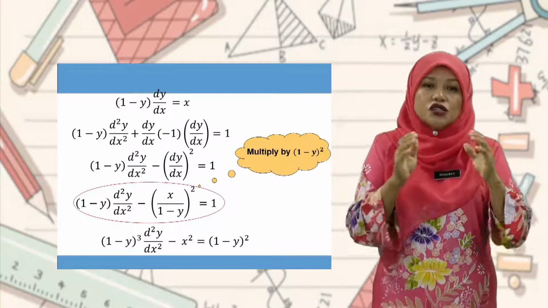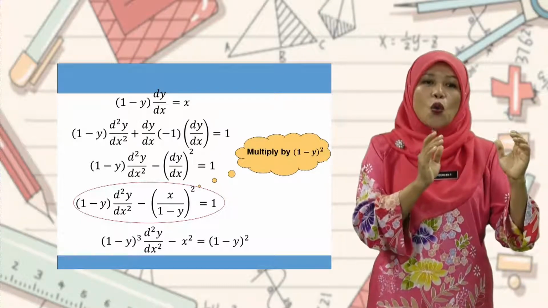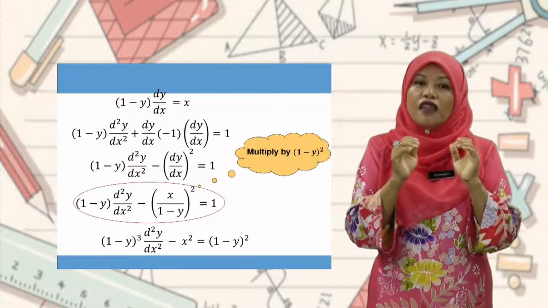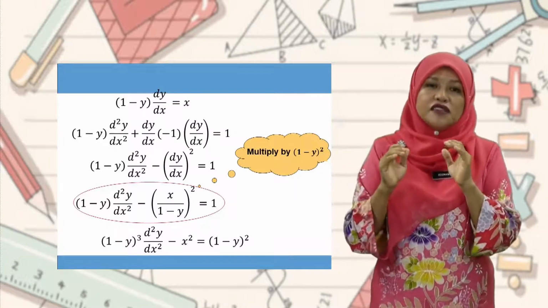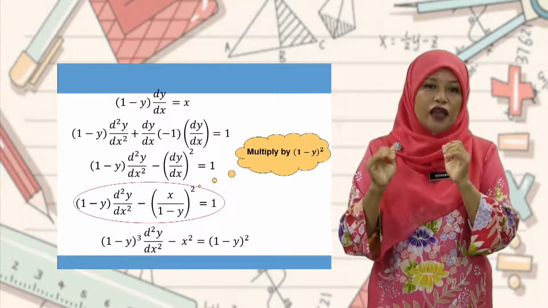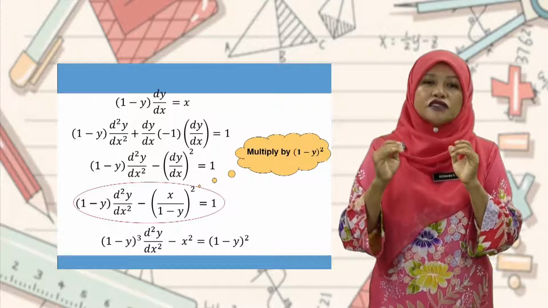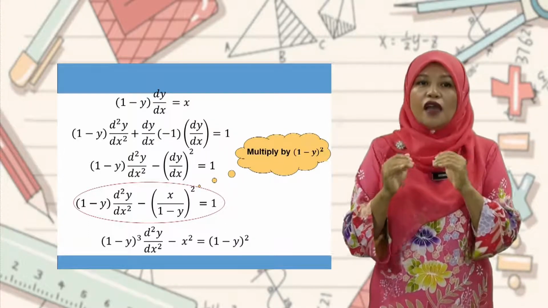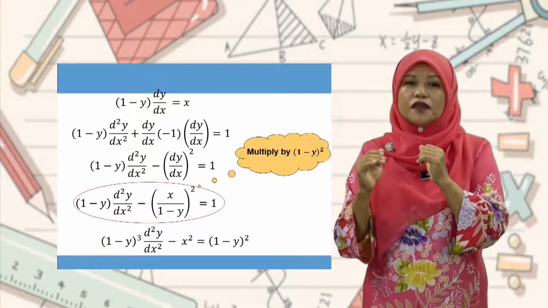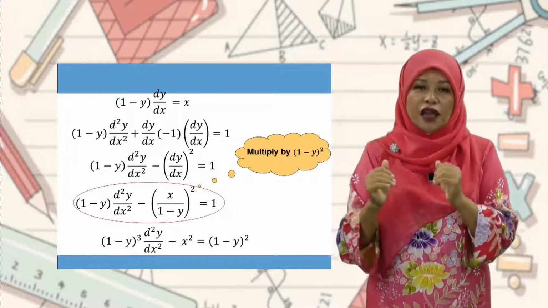So we copy down the u, so we will have 1 minus y. And then we need to differentiate the v. Differentiation of dy/dx will be d2y/dx squared. So this is what we call second order. And then plus, we copy down the v, which is dy/dx.